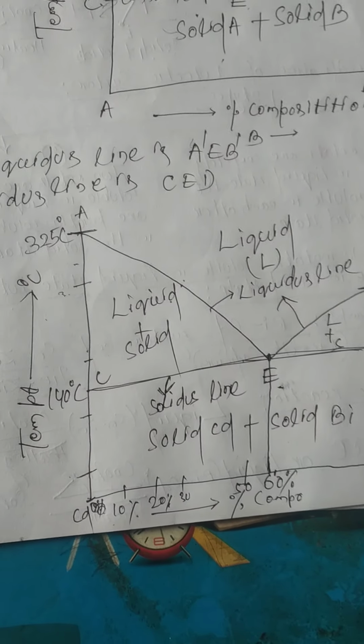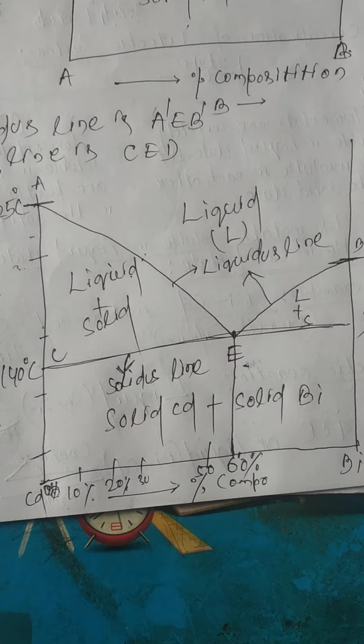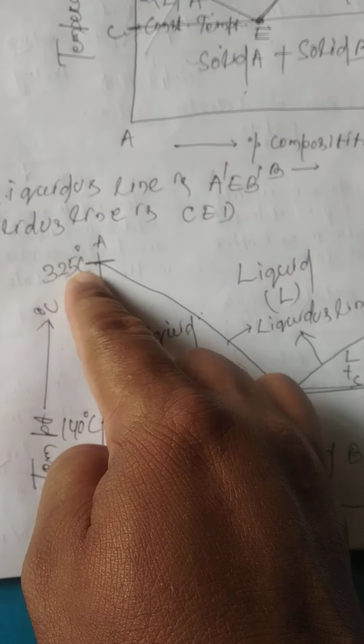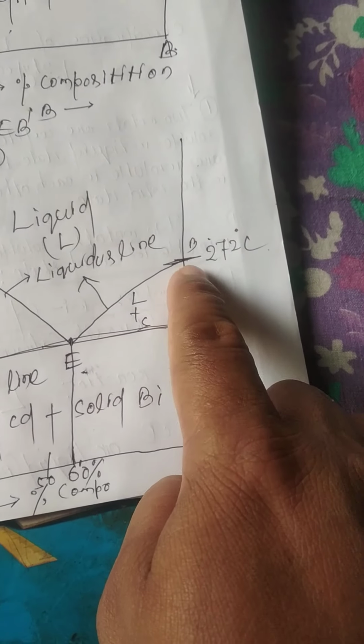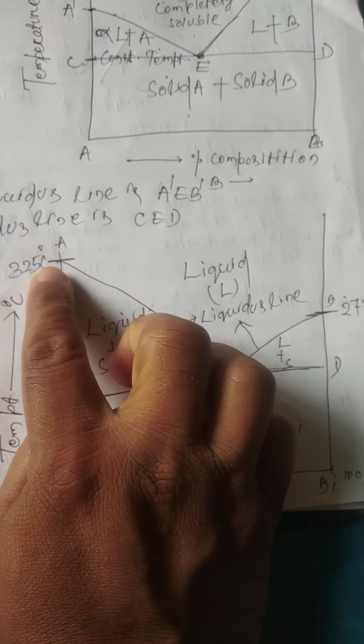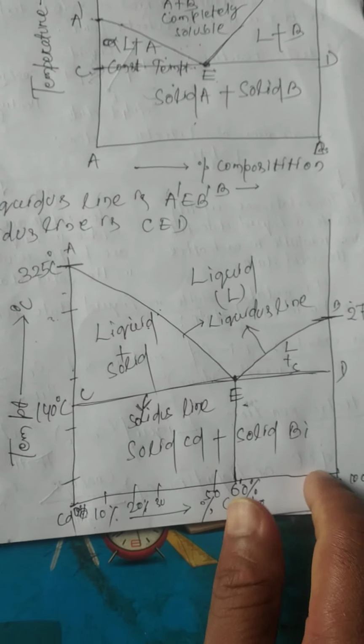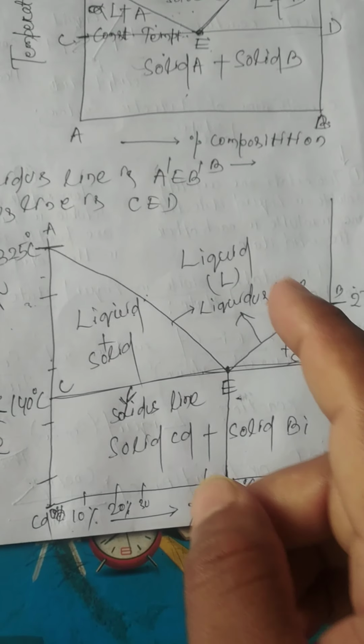Actually we want to make the alloy system of bismuth and cadmium. This is the melting temperature of cadmium and this is the melting temperature of bismuth. Suppose we are providing heat above 325 degrees Celsius. So what happens? Both components, cadmium and bismuth, will be in the liquid state.